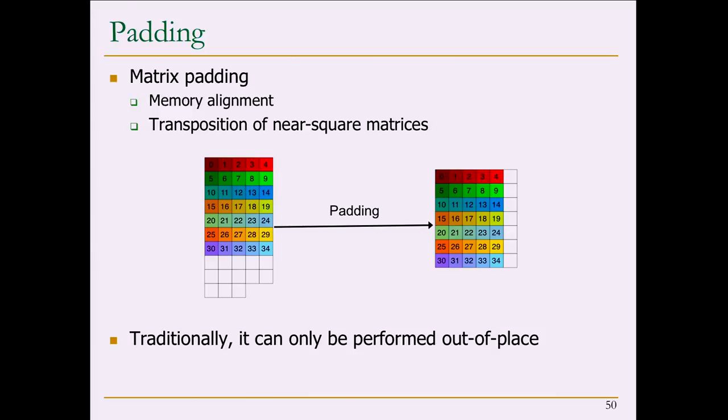If we want to implement the in-place transposition of rectangular matrices, in general, the algorithm is much more complex. But if the rectangular matrix is near square, we can simply pad maybe a few columns, and afterwards we can implement the transposition using the simple approach that is possible for square matrices. This is just one example of a possible use of matrix padding.